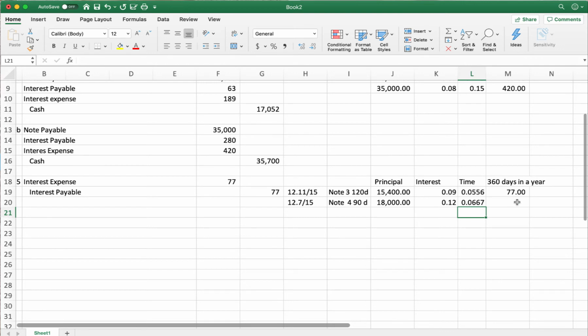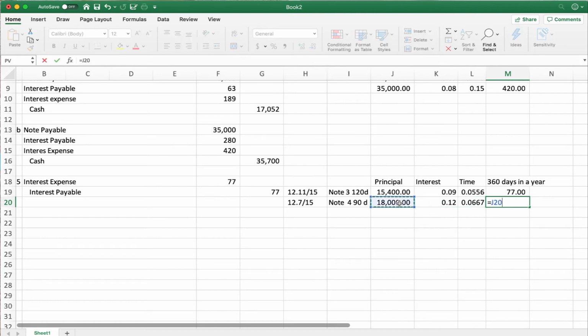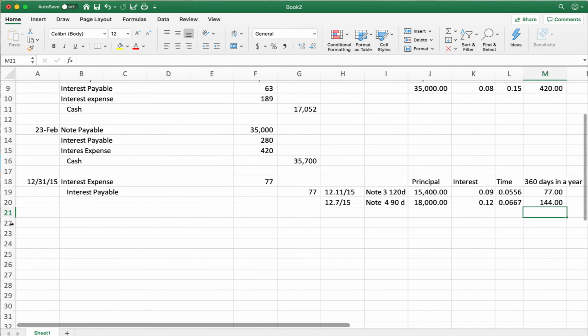Okay, that's my time. So to figure out the interest expense for Note 4, I take my principal amount, $18,000, times the interest, 12%, times time. $144. So for Note 4, I need to accrue interest.